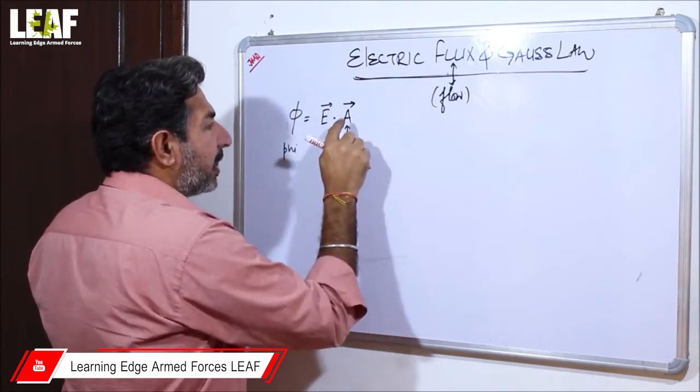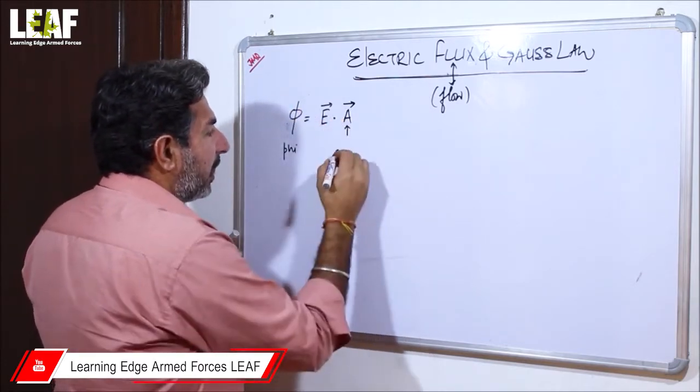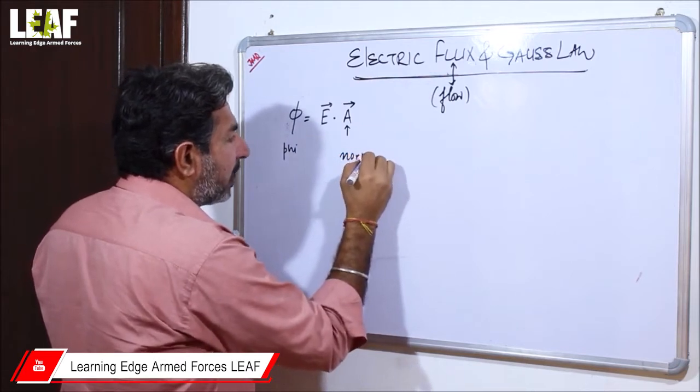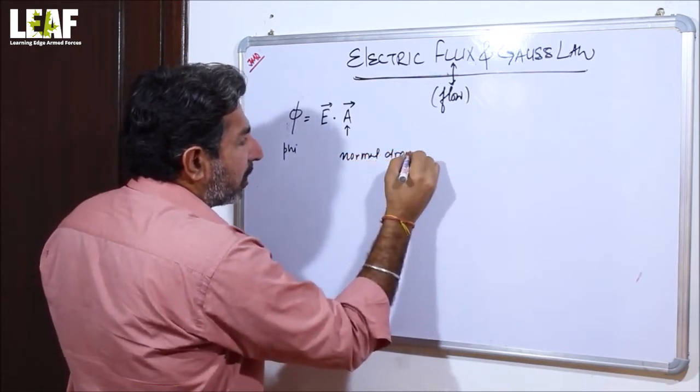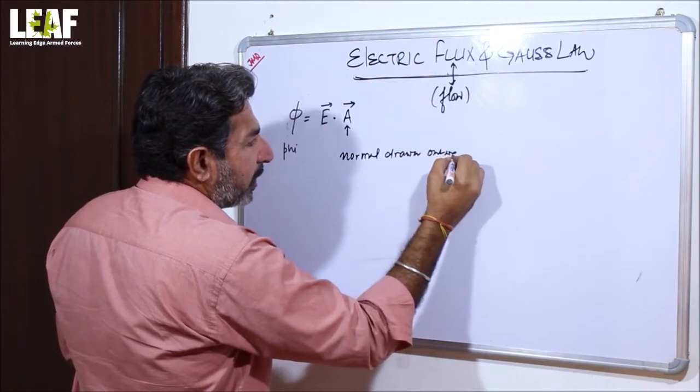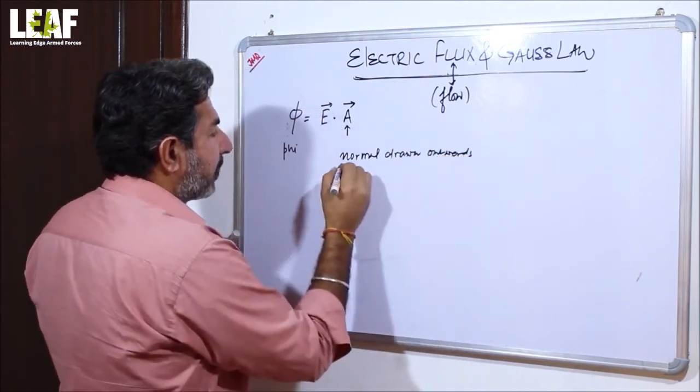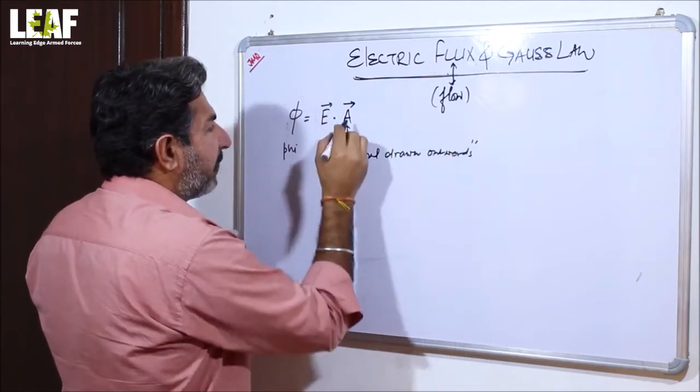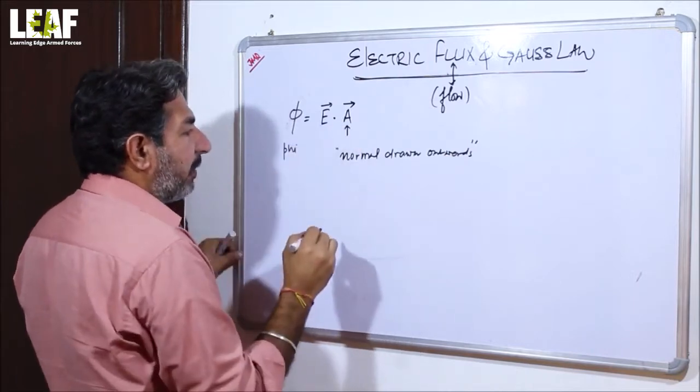So what is the direction of the area vector? It is always the normal drawn outwards. This is how we define the direction of the area vector.